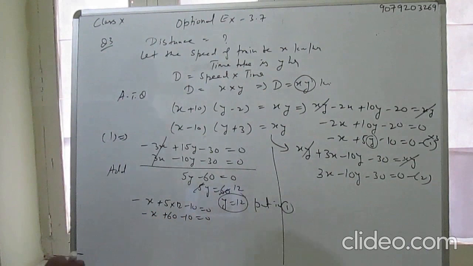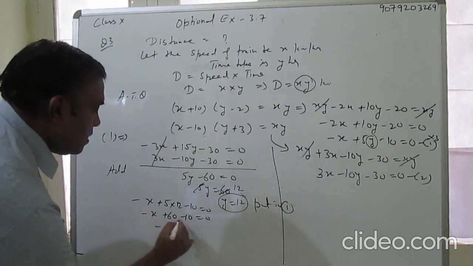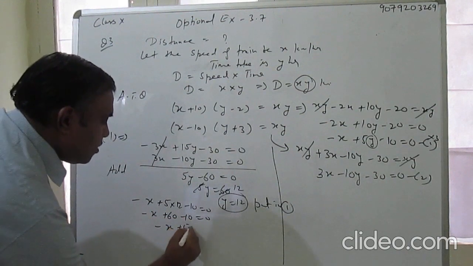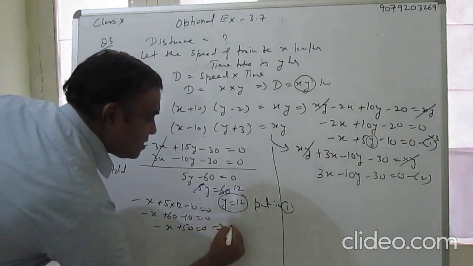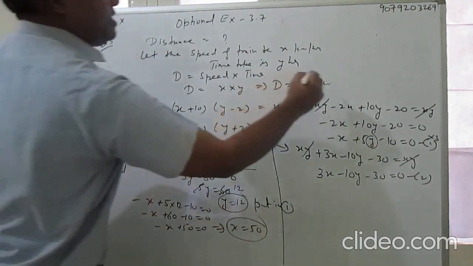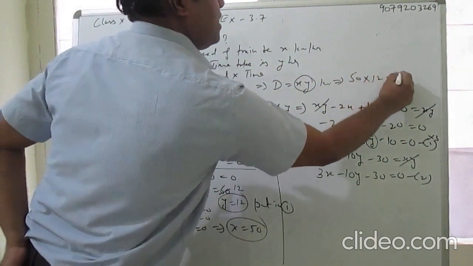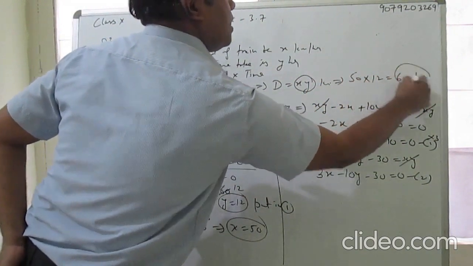So minus x plus 50 is equal to 0. So this implies x is equal to 50. Now what is the distance? x is 50 and y is 12. It is 600 kilometers is the distance.